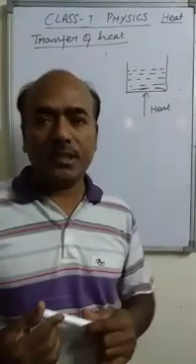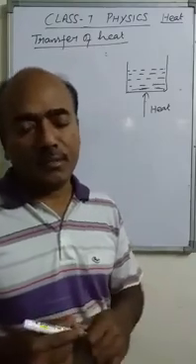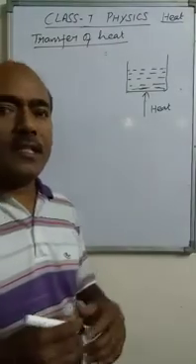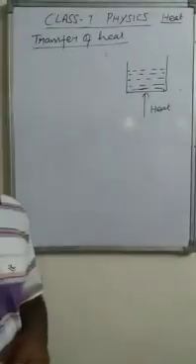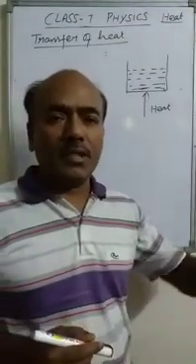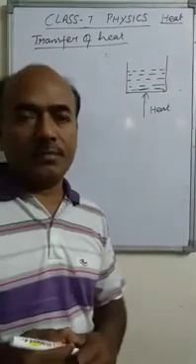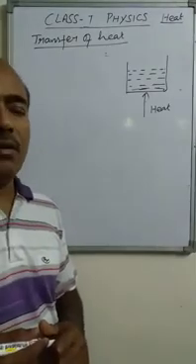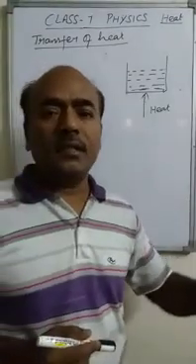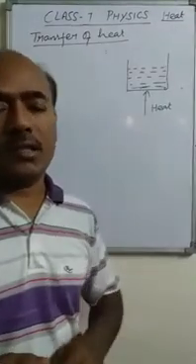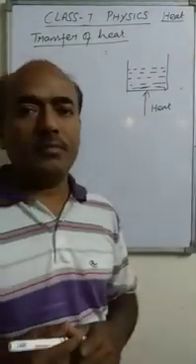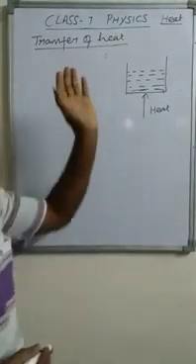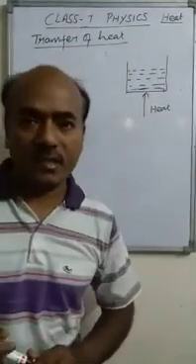When we take a container in which a vegetable is cooked, and the container is touched, we feel hot. That is also taking place by the process of transfer of heat.